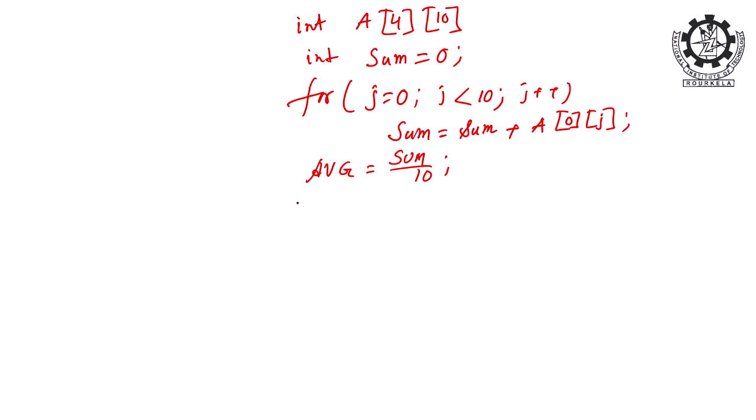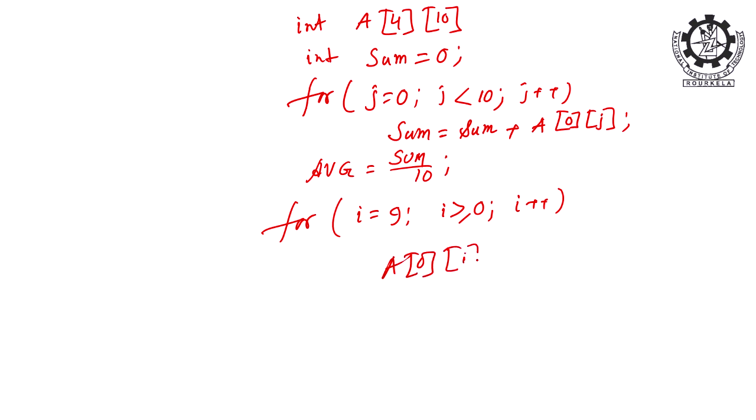You have another loop for i equal to 9, i greater than or equal to 0, i minus minus, what you have to do, A[0][i], basically normalization, A[0][i] divided by average.